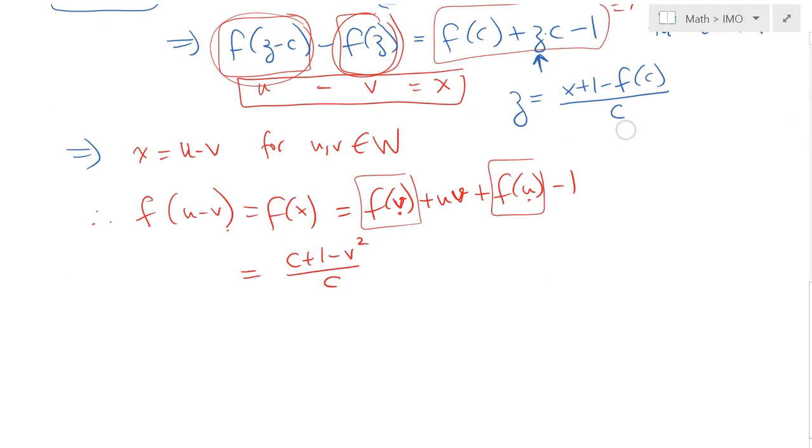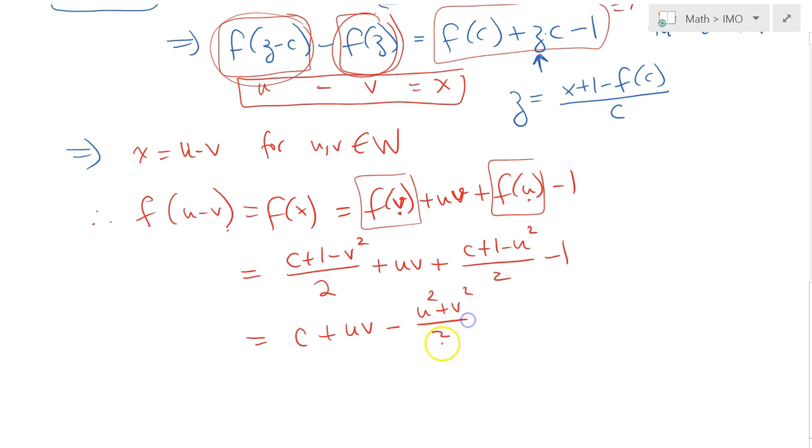So therefore dividing it by 2, plus uv plus, again the same thing, c plus 1 minus u squared over 2 minus 1, and we can add these two results. I would get c plus 1 on this one, and then a minus 1, so there's a c remaining. So we would get c plus uv minus u squared plus v squared all over 2.